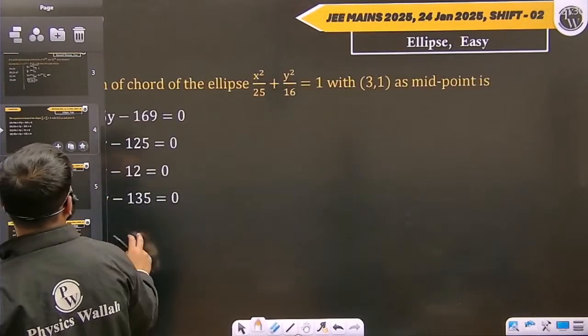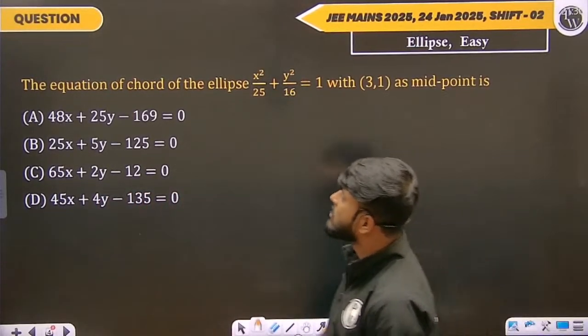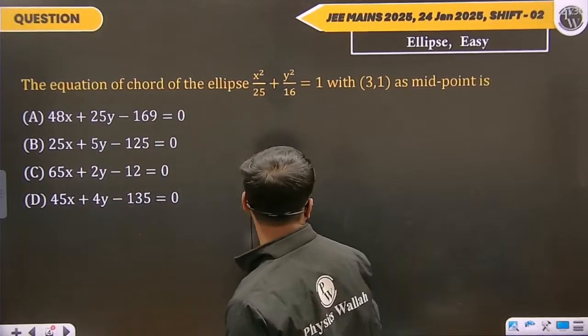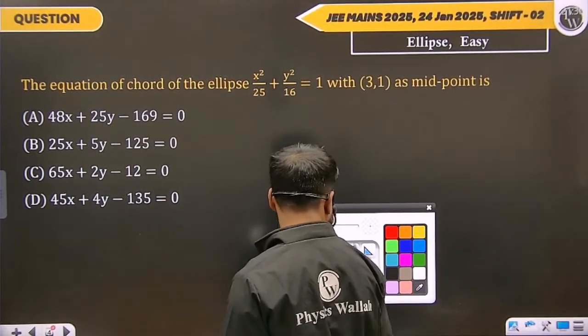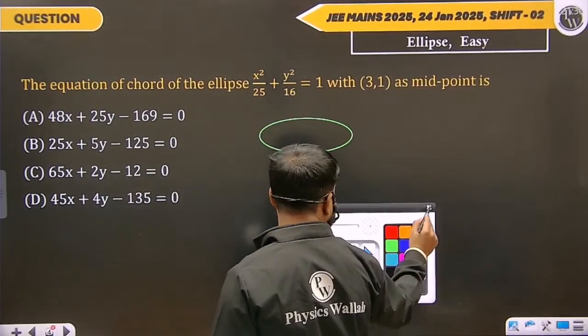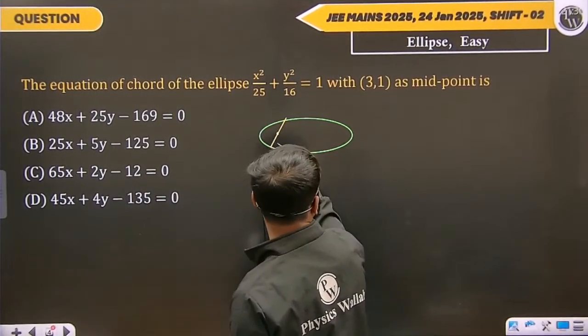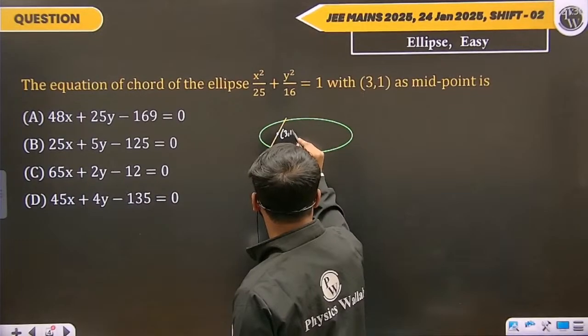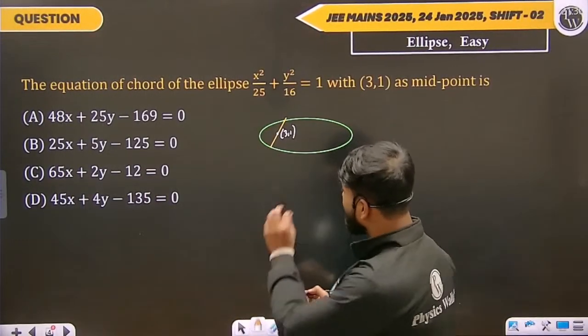Your second question is from conic sections. The question is: the equation of the chord of the ellipse with (3, 1) as the middle point. So let us have a look. This is your chord and the middle point is given as (3, 1). You all know what the equation of the chord is when the middle point is given.